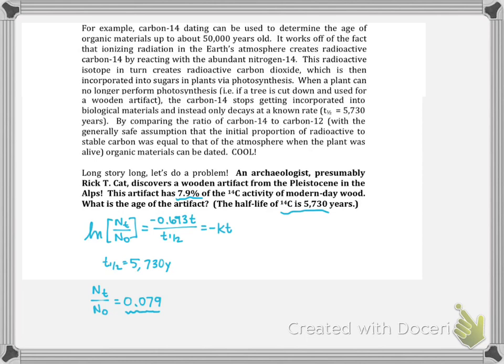We can say the ln of 0.079 is equal to negative 0.693 times the time, what we're trying to solve for, divided by our half-life.